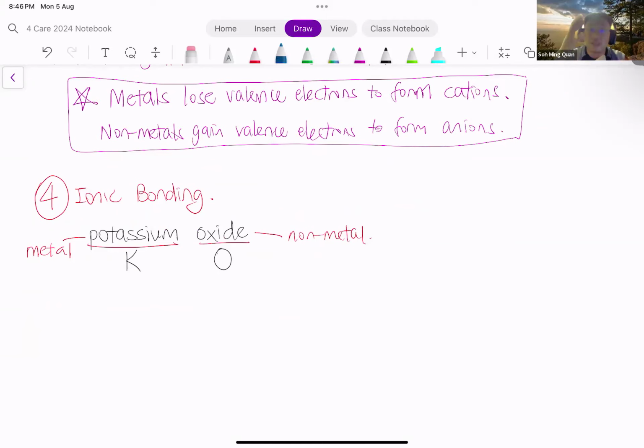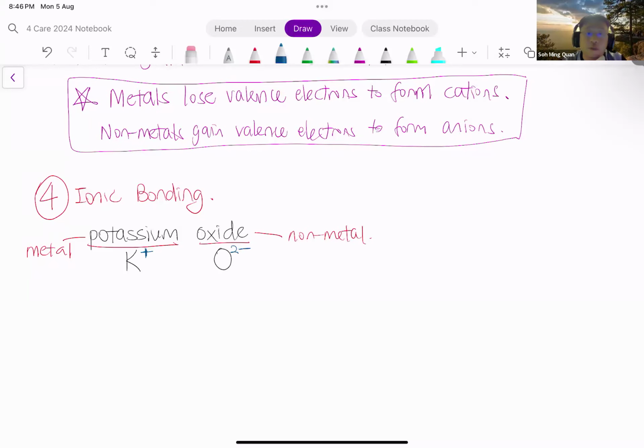Potassium, we just did the analysis. 2,8,8,1 loses one valence electron, so it's K with a positive charge on the ion. On the other hand, oxide, O is 2,6. It will gain two valence electrons to achieve a fully filled outermost electron shell. So it's 2 minus because it gained 2 electrons.